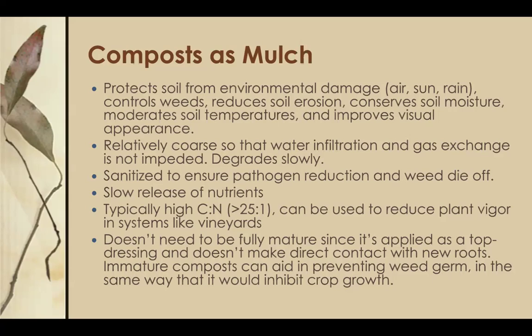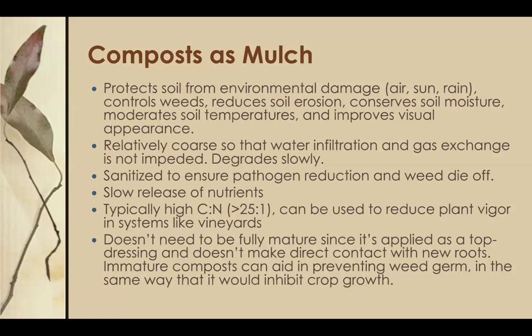Things like an orchard, for instance, a perennial system, where you're adding a lot of carbon, creating weed suppression, conserving your moisture, and protecting your soil from erosion, then adding a high carbon, high C to N compost is going to be the way to go.